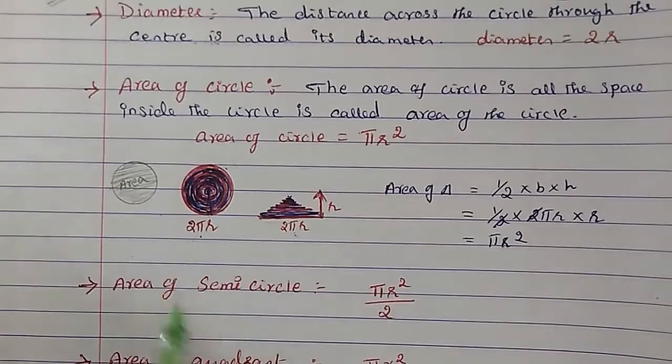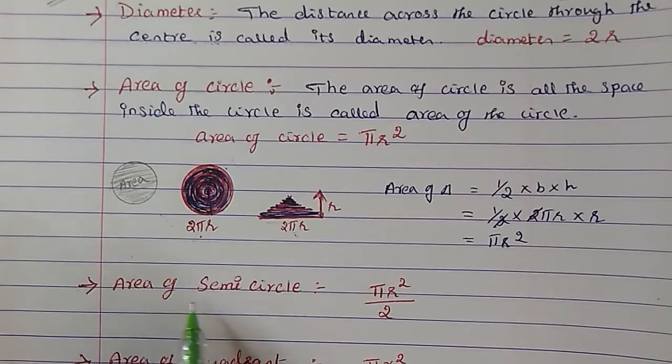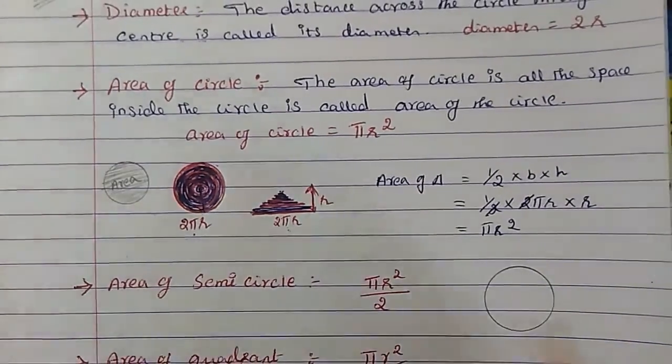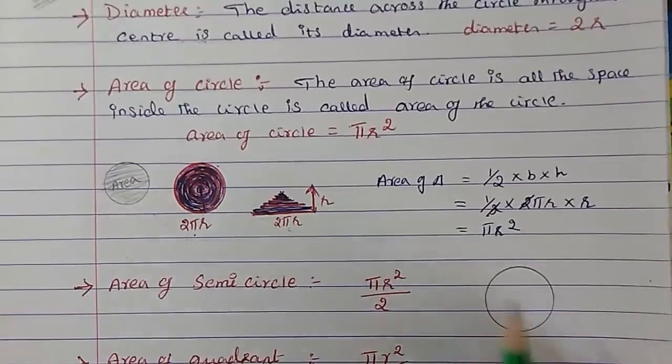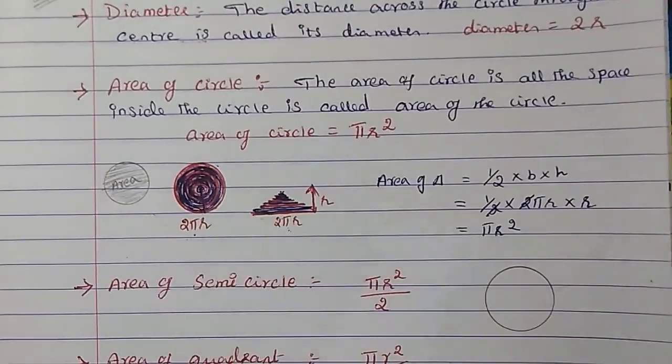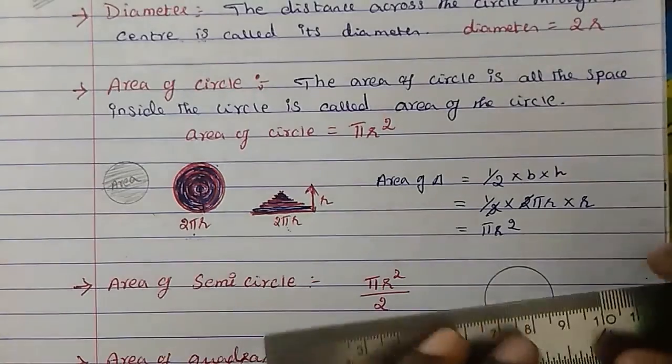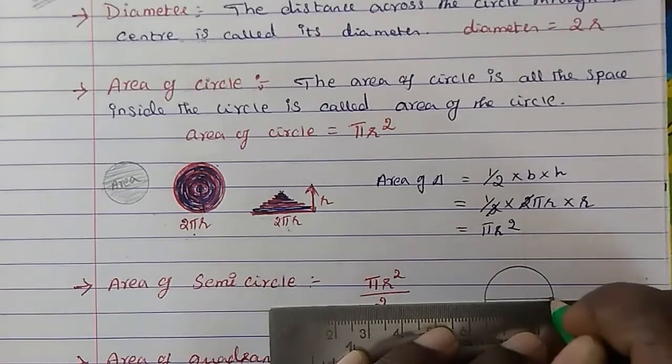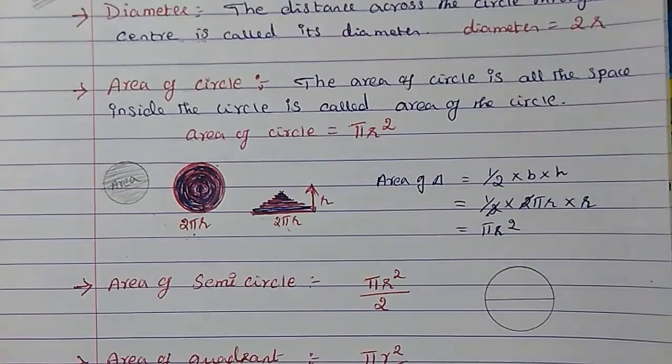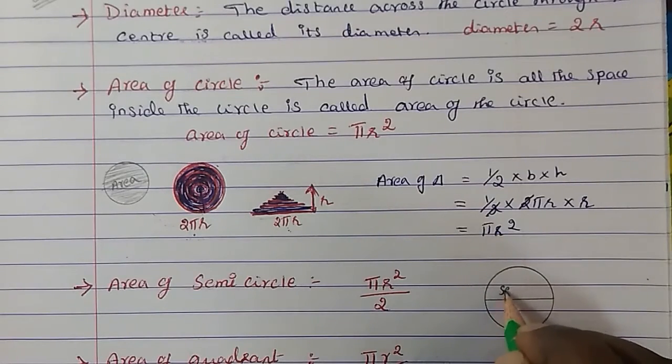Another thing you have to know is the area of a semicircle. What does semicircle mean? For example, this is our circle. A semicircle means half of the circle. Half we make it; this half part is called a semicircle.